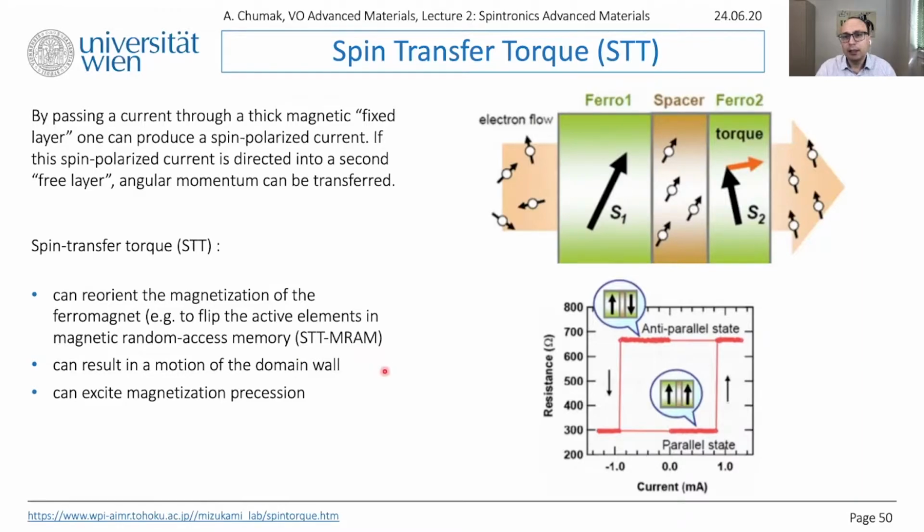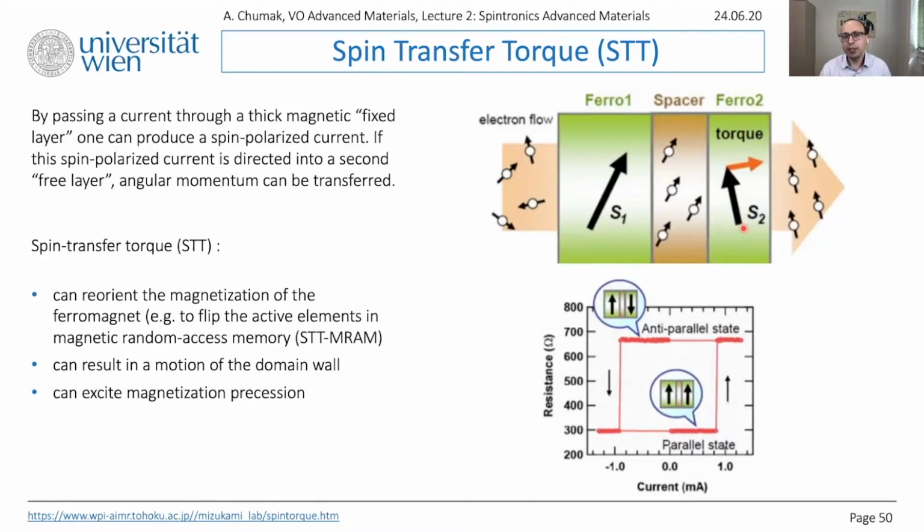The second situation in which we meet STT is the motion of a domain wall with electric current. So imagine that instead of having this complex heterostructure, you have just a normal ferromagnet, but there is a domain wall inside. That means that on one side of the domain wall you will have magnetization pointing in one direction, and on the other side of the domain wall you will have magnetization pointing in the opposite direction usually.